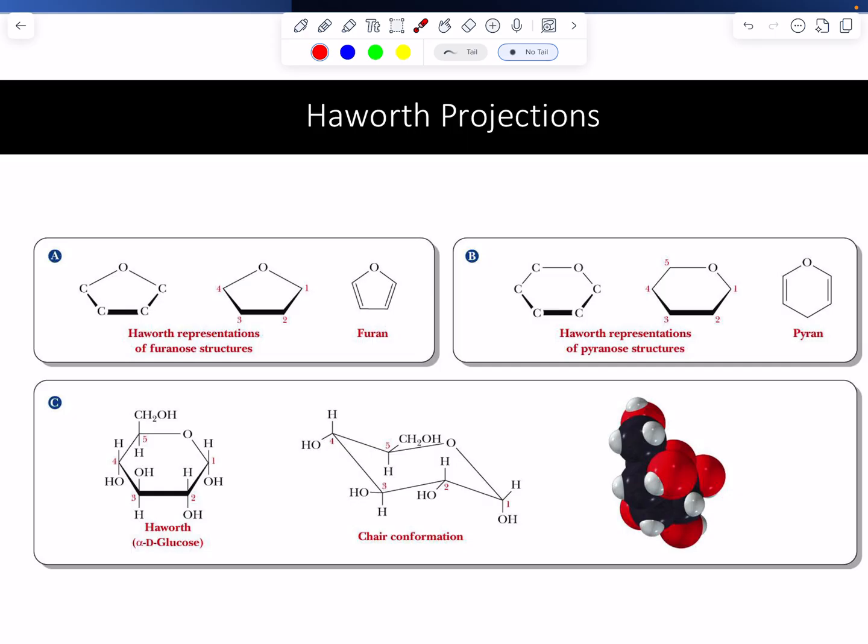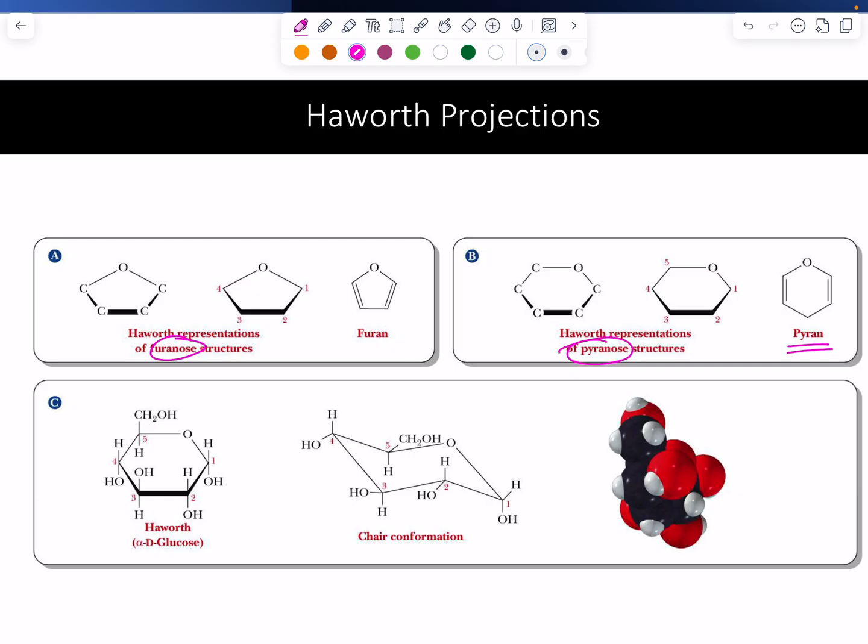The pentagonal form resembles the organic compound furan. So that leads us to call the resulting cyclized sugars furanoses. And then the hexagonal forms look like the organic compound pyran, and so we call those pyranose structures.